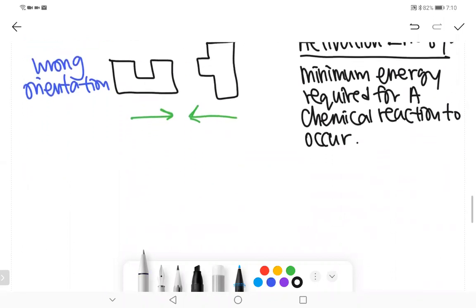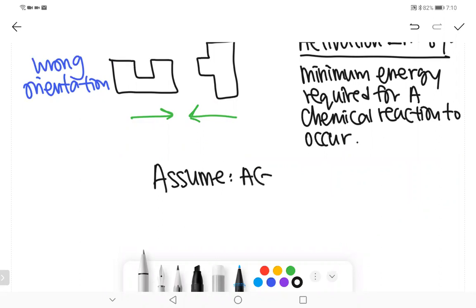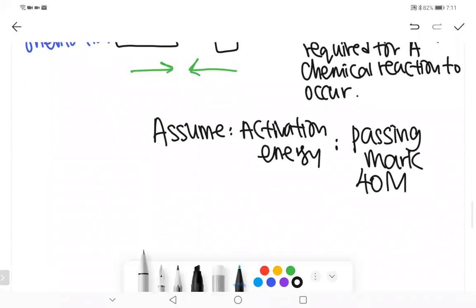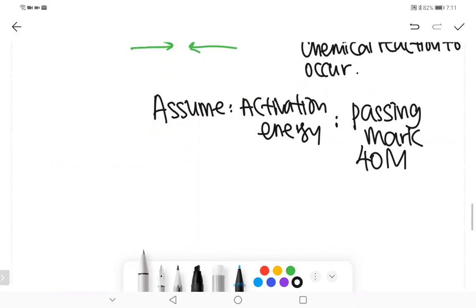Okay, let's assume activation energy is the passing mark. Just assume activation energy is your passing mark for your chemistry. So what is the passing mark for chemistry? 40 marks. So if you want to pass your chemistry paper, you need to score 40 marks or more.